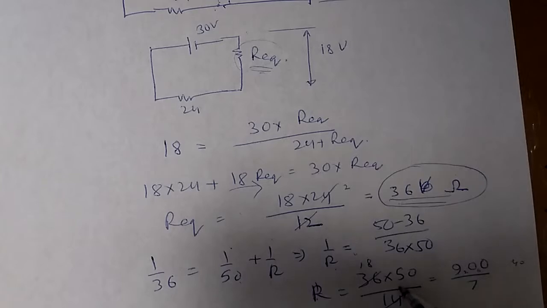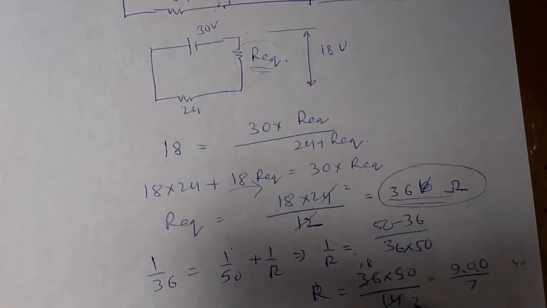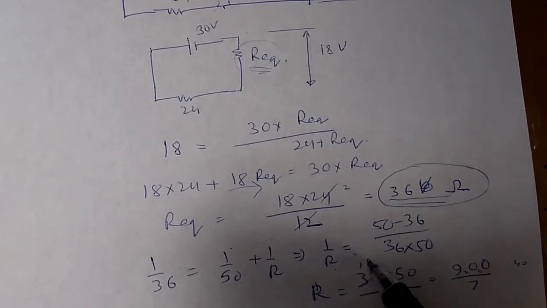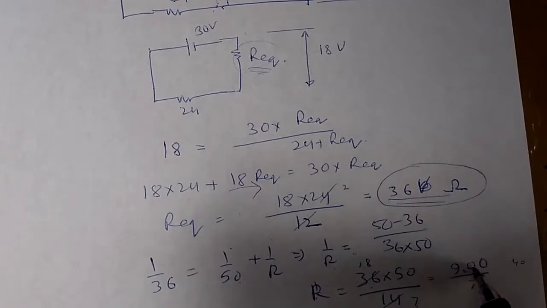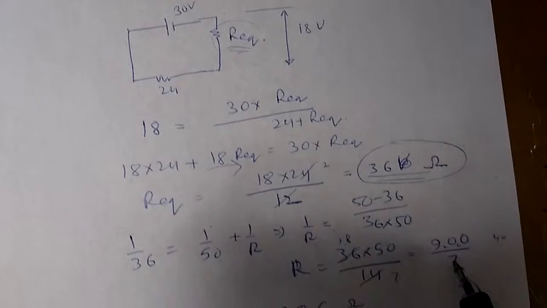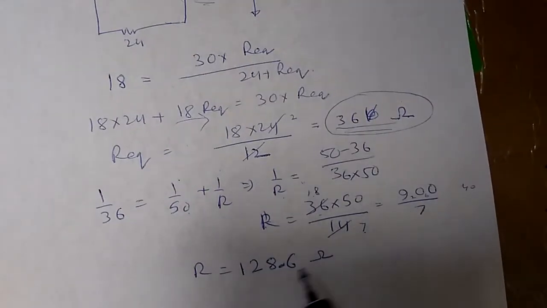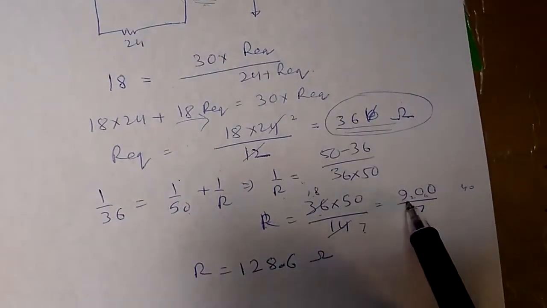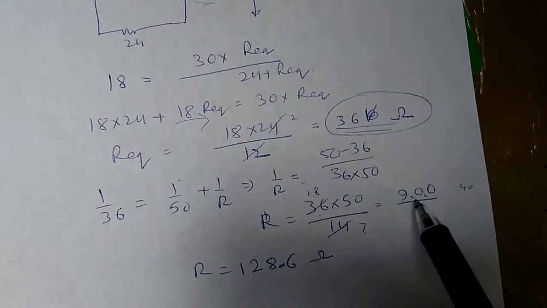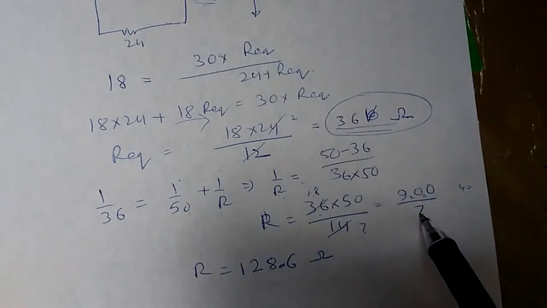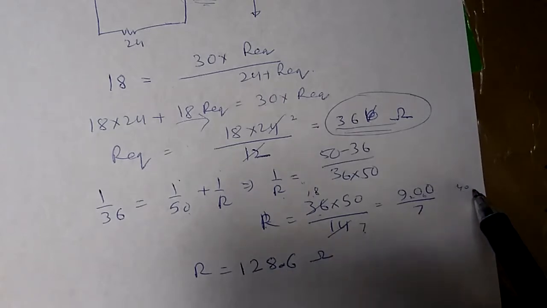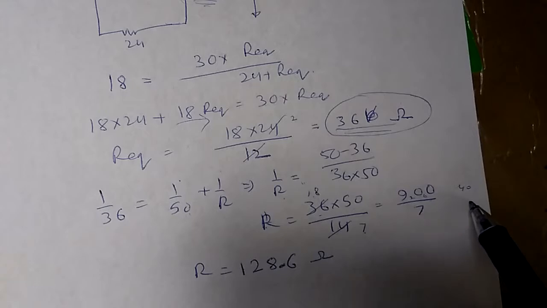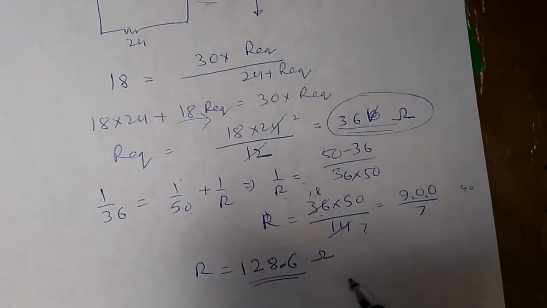Dividing by 2, we get 7 over 18 into 25, which is 450, so R is 450 divided by 7, roughly 64 ohm. So this is roughly the answer.